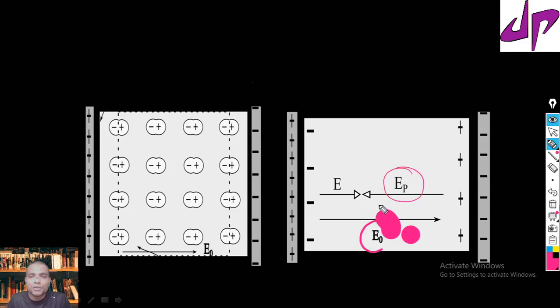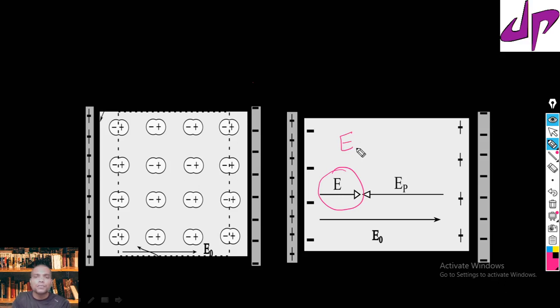The electric field due to polarization will be opposite to the applied electric field. If they are opposite and you subtract, there will be an electric field present in the dielectric material.